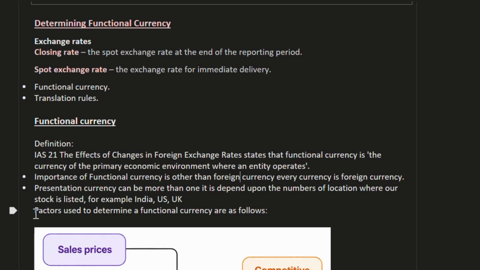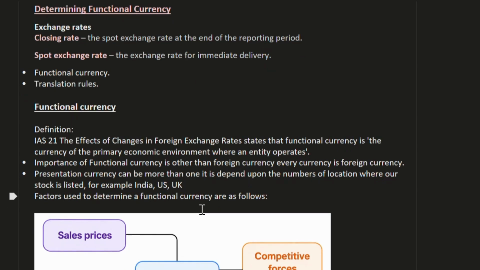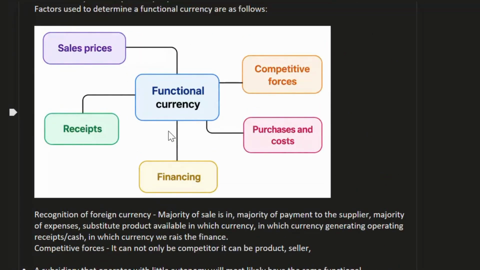Okay. Now the factors used to determine a functional currency are as follows. So what are the factors? We have sales price, receipts, competitive forces, purchases and costs, and financing. Sales price: what is the price of our product in that currency? Receipts means whatever we receive from sales and purchases; in which currency do we generate those receipts, and in which currency are we setting the sales price?